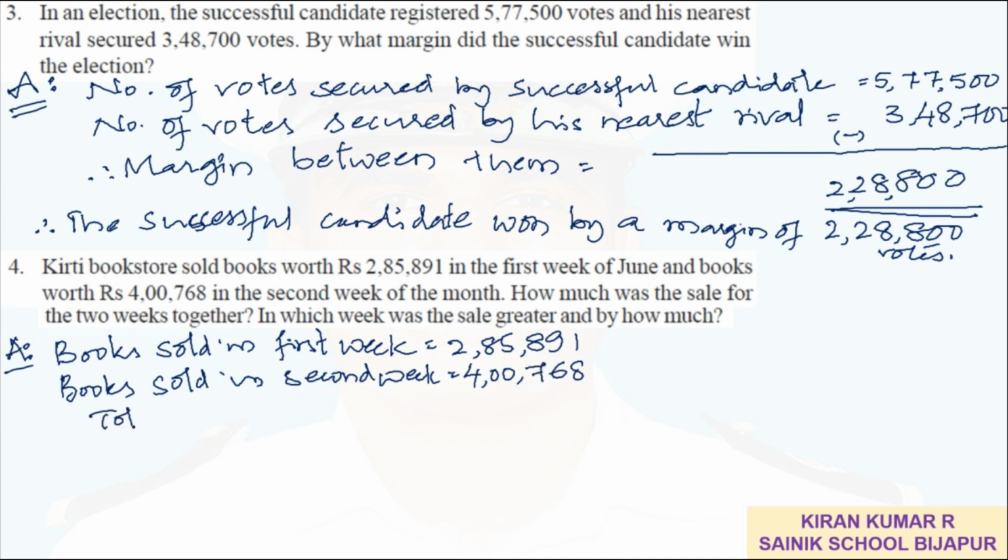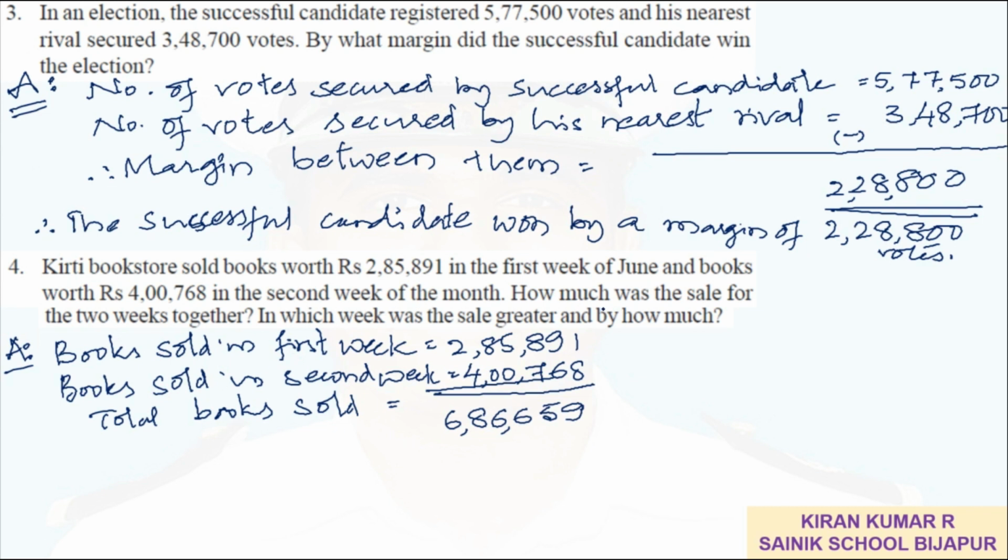Now to find the total books sold, I need to add them up. It's simple addition. 8 plus 1 is 9. 9 plus 6 is 15. 8 plus 8 is 16. It becomes 6, 8 and 6. 6,86,659.